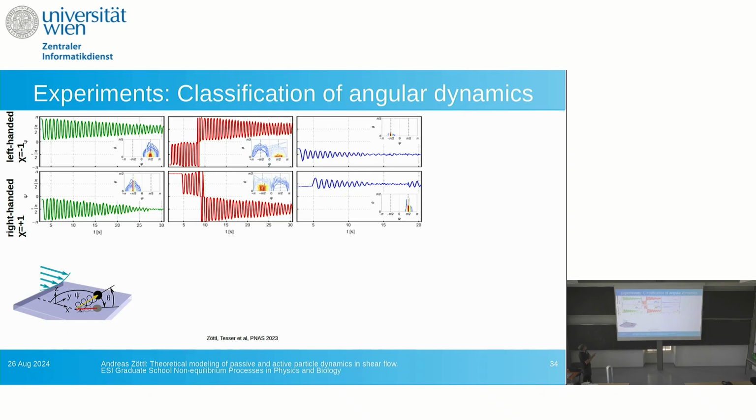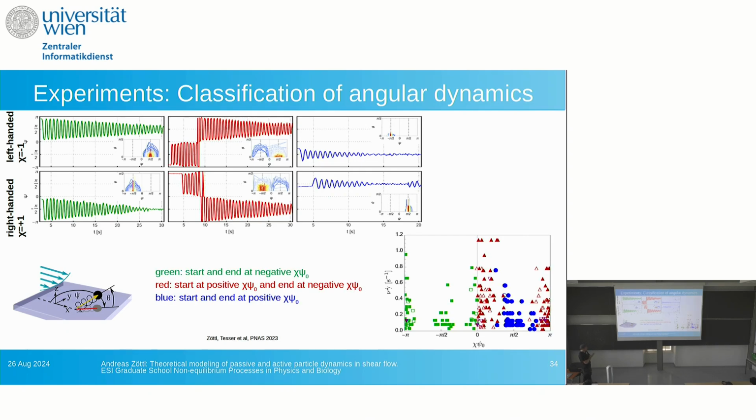If you start relatively close to minus pi half, then it will not increase the amplitude, but it will decrease. And when you start with a positive psi, it will also decrease and not go to the other side. And this effect we somehow understood by a theoretical model.